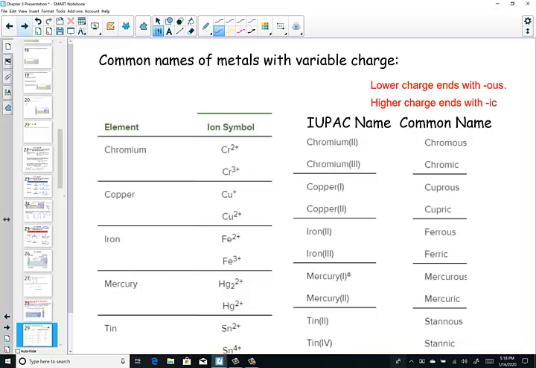Alrighty. So as we think about naming, I wanted to share what your text represents also as a common name and the IUPAC name. Now this will be the recommendation. IUPAC, the International Union of Pure and Applied Chemistry.